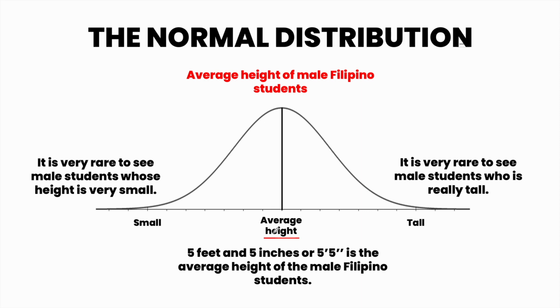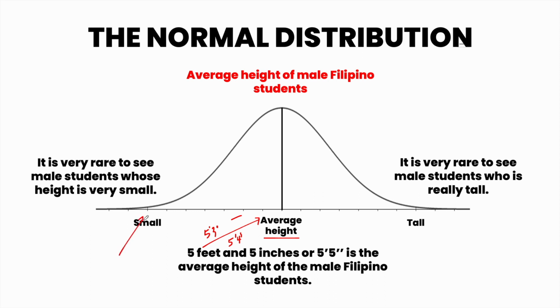Since this is the 5'5", we can consider this as 5'4". This is your 5'4". This is your 5'3". 5'2", 5'1", 5 feet, 4'9", 4'8", 4'7", and so on.